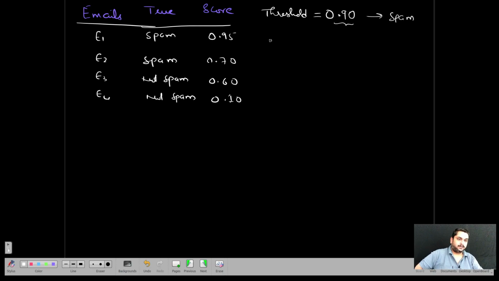Now, if you calculate the true positive rate, it is true positive divided by true positive plus false negative. For this example, what is the true positive? If I set the threshold at 0.90, how many are classified as spam? In this example, positive means you are detecting it as spam.